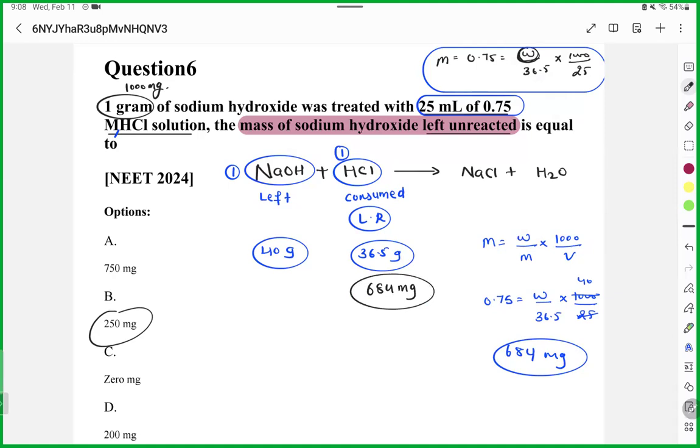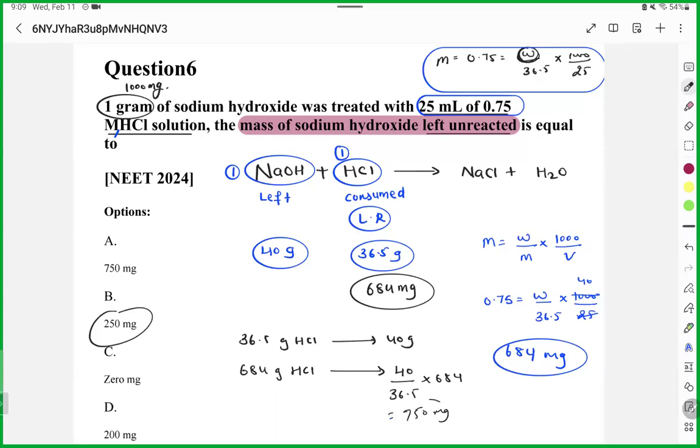Now what is the method? If 36.5 gram of HCl consumes 40 gram of NaOH, then 684 of HCl will consume how much NaOH? 40 divided by 36.5 multiplied by 684, around 750 mg.